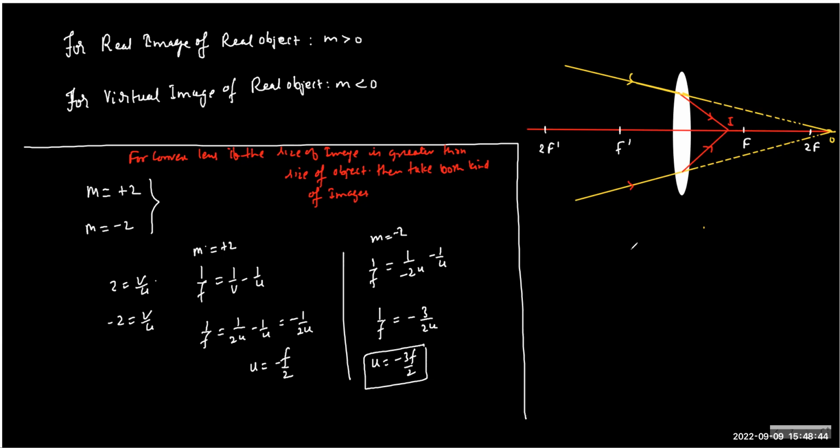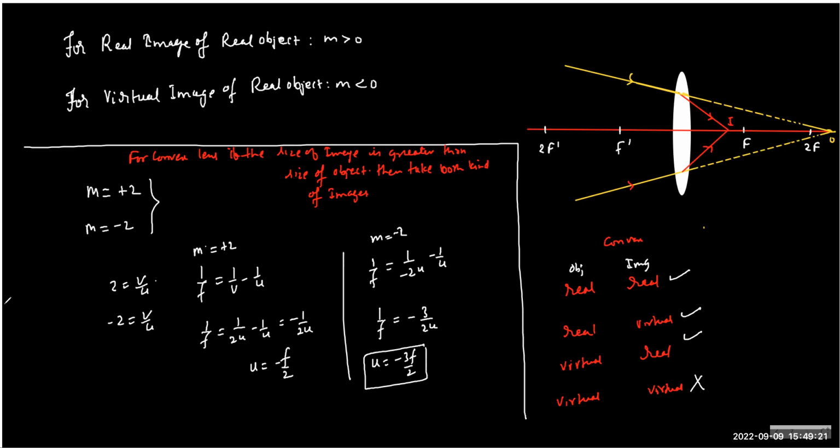And that is the property of convex, that everything is possible except that, which is not possible.